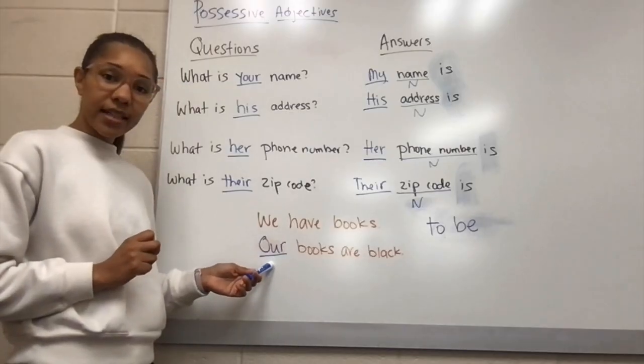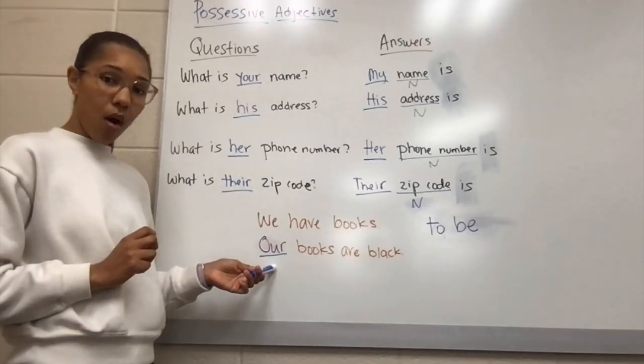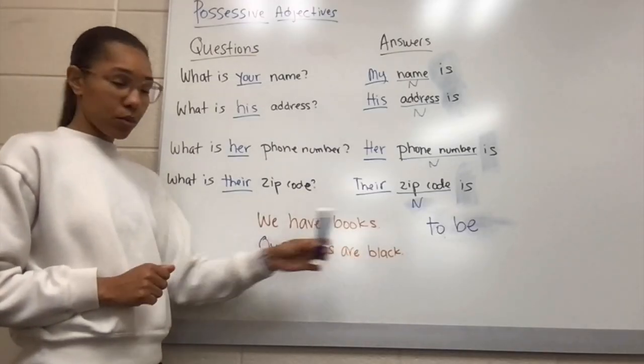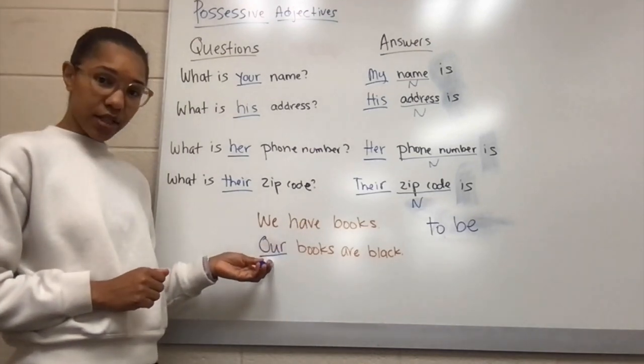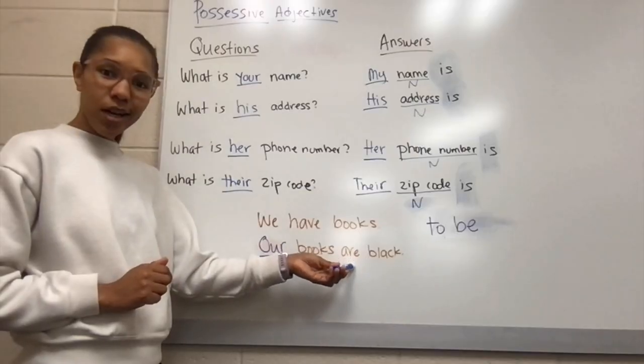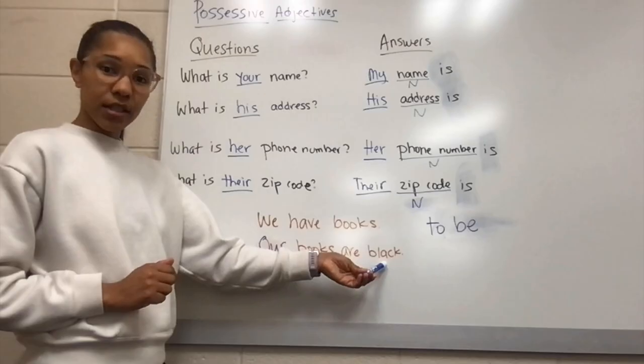So if we're talking and saying possessive adjective, we would use our, O-U-R. Our books are black, for example. So we have possessive adjective, noun, books, and look, another verb to be, are, black, adjective, color.